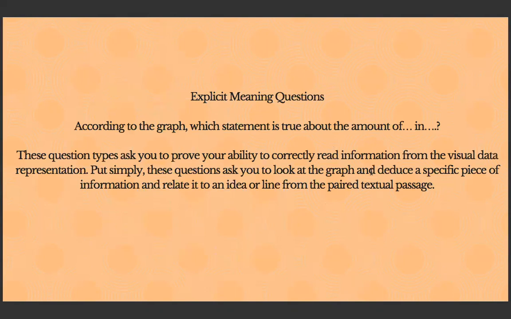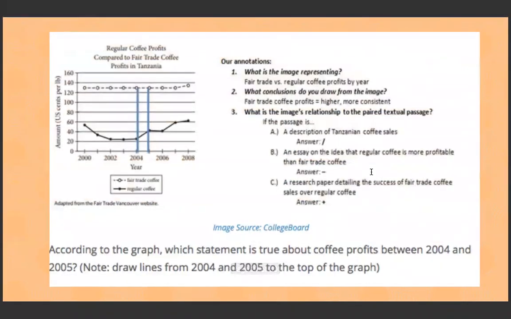Put simply, these questions ask you to look at the graph and deduce a specific piece of information and relate it to an idea or a line in the text. Okay, so they're looking for you to be able to find a specific piece of information and relate it to the idea in the text. All right, so let's take a look at this. We're looking at the fair trade coffee versus regular coffee.